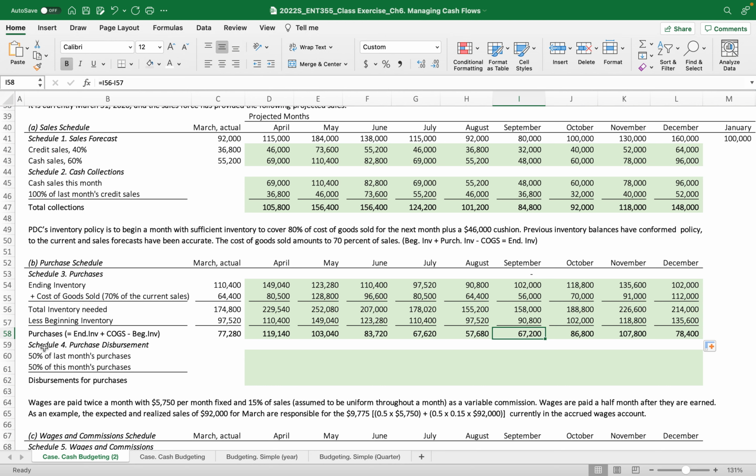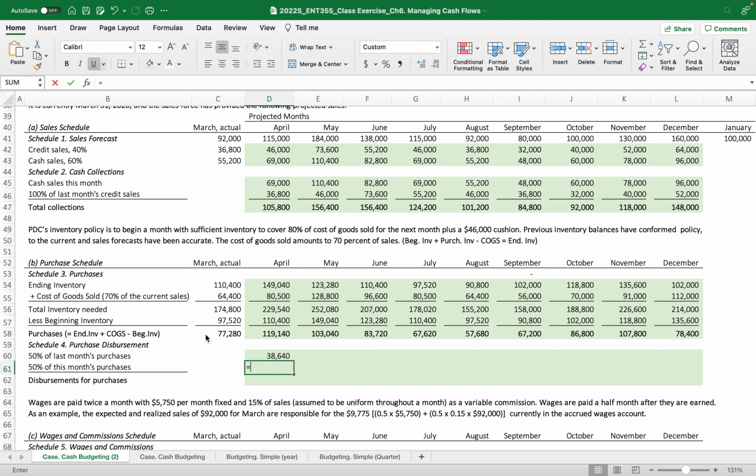Now schedule 4, the purchase disbursement. The actual cash out is different from purchase because we pay later, right? As our suppliers allow us to pay later on credit transaction. So here normally 50% of the last month's purchase is actual cash payment, and 50% of this month's purchase is the current month's payment. So 50% of the last month's purchase, now we have to put the payment, right?